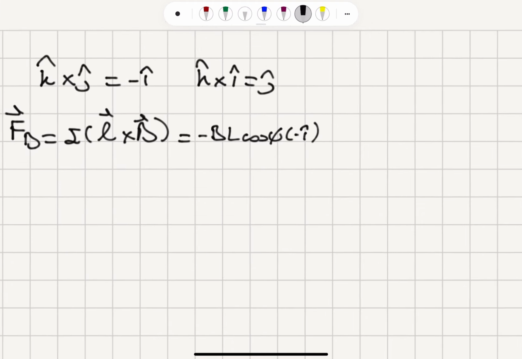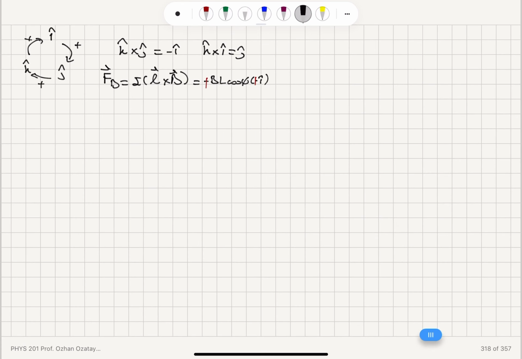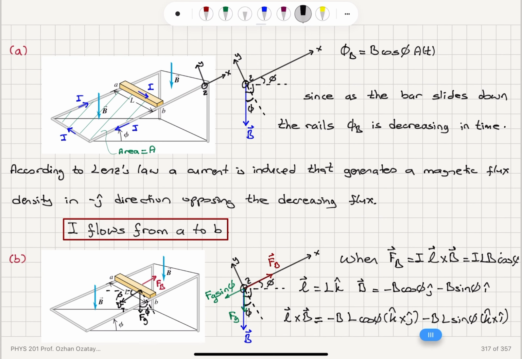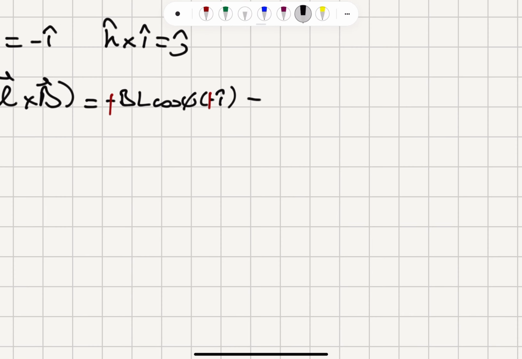So we have minus BL cosine phi times minus I hat, the minus signs will cancel, it will be plus I hat direction. And then we will have minus BL sine phi in j hat direction.